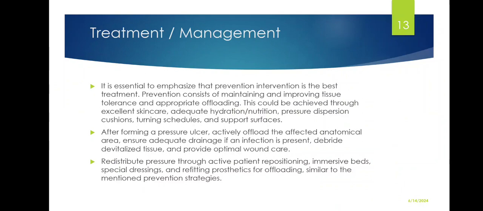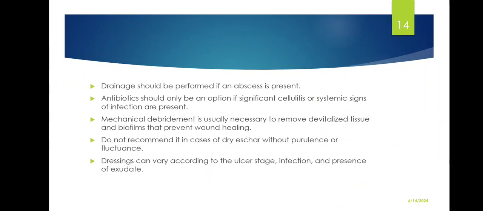Then how do you redistribute pressure? You do that through active patient repositioning, immersive beds, special dressings, and refitting prosthetics for offloading. Then if there is an abscess present, drainage needs to be done. Antibiotics should only be an option if significant cellulitis or systemic signs of infection are present.